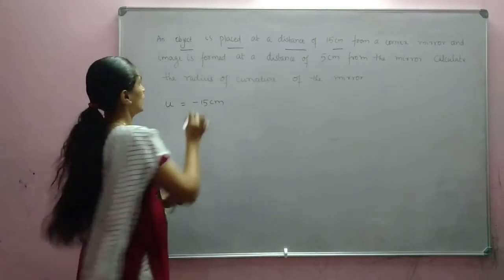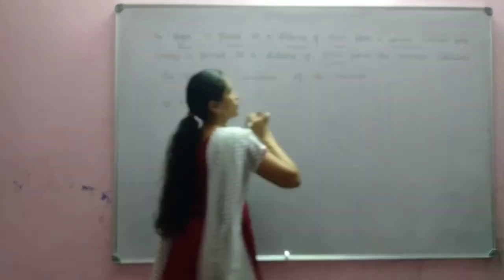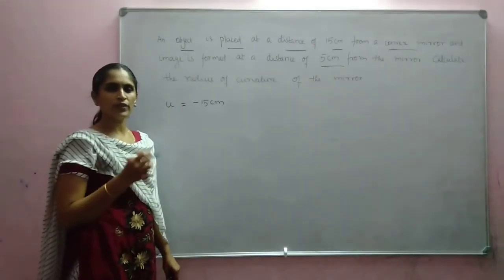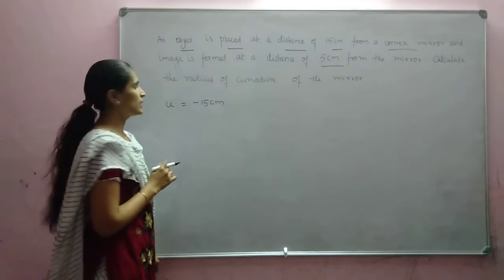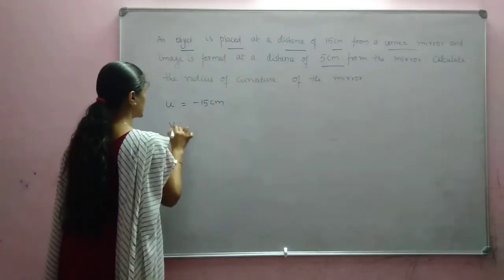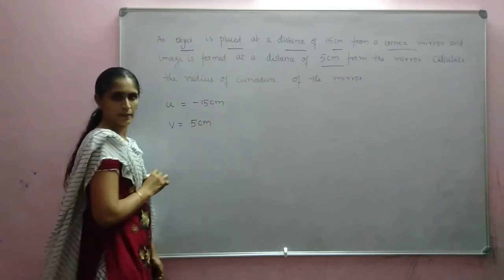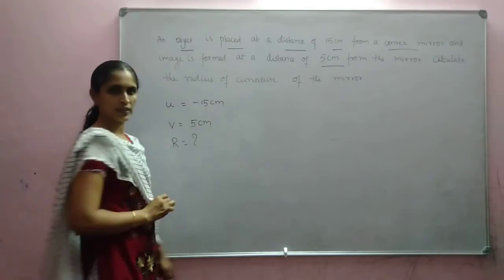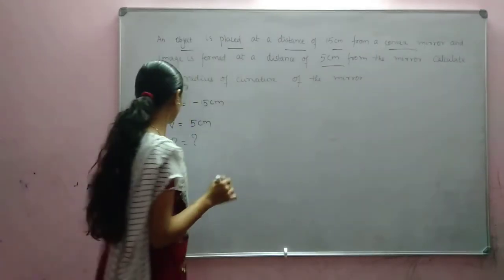Now, it is a convex mirror and the image is formed at 5 centimeter. In the case of a convex mirror, we know that the image is formed on the right side of the mirror. So we can write image distance will be positive, plus 5 centimeter. And we have to find the radius of curvature. So by using the mirror formula, we can find.